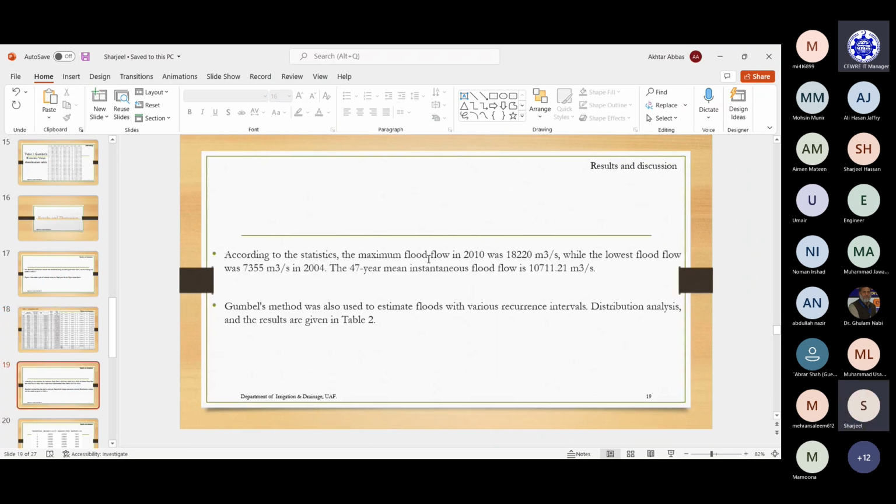According to the statistics, the maximum flood flow in 2010 was 18,220 cubic meters per second at Besham Qila, while the lowest flood flow was 7,355 cubic meters per second in 2004. The 47-year mean instantaneous flood flow is 10,711 cubic meters per second. The Gumbel method was also used to estimate floods with various recurrence intervals.